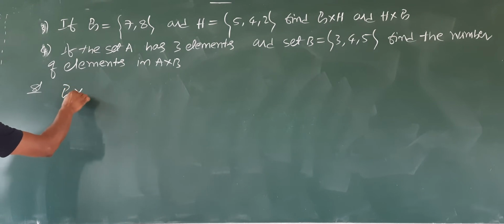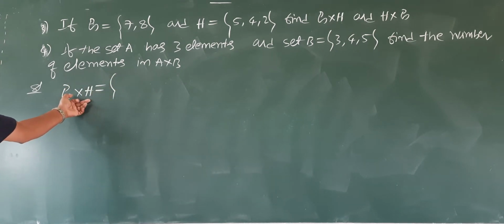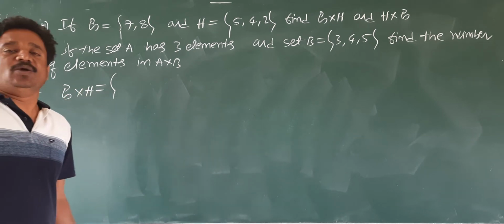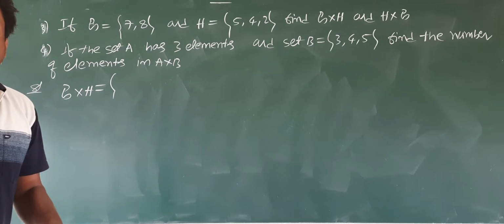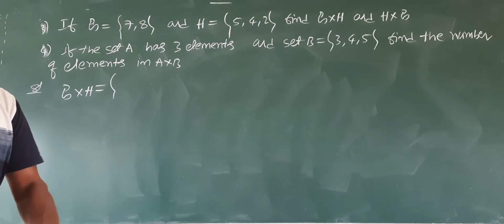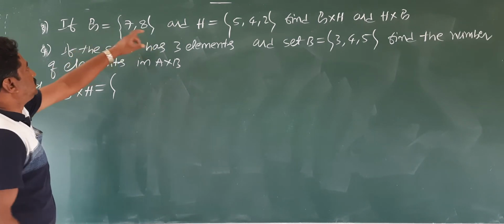So G cross H. Write this cross product. A Cartesian product always contains ordered pairs. So what is G cross H?